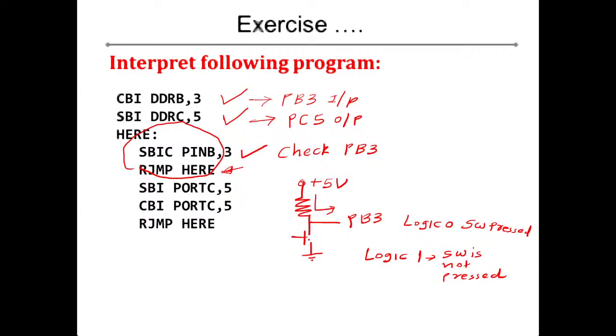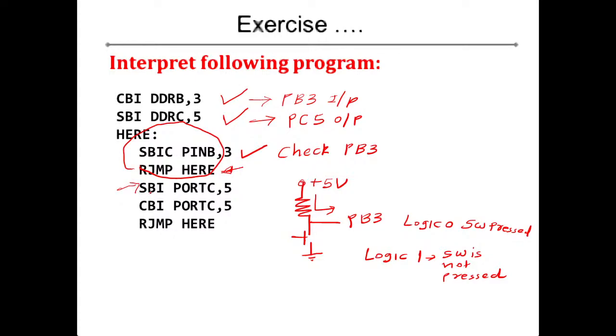Once the switch is pressed, that means this bit is clear. Then SBIC will check PB3, and it says skip the next instruction if the bit is clear. Now whenever the switch is pressed, the bit is clear, so it will skip this instruction and execute the next instruction.